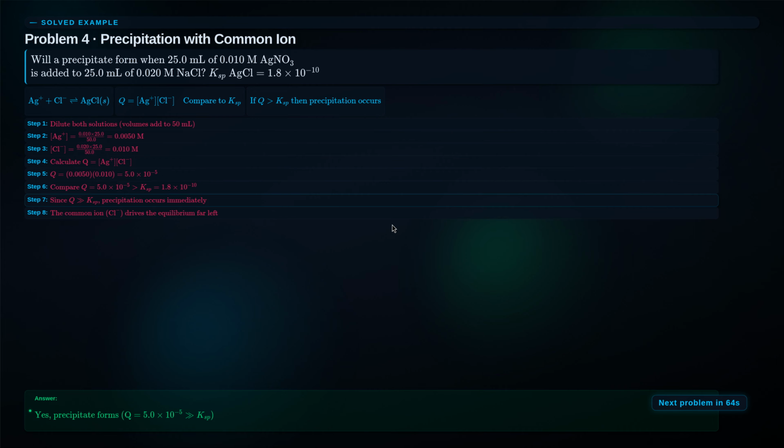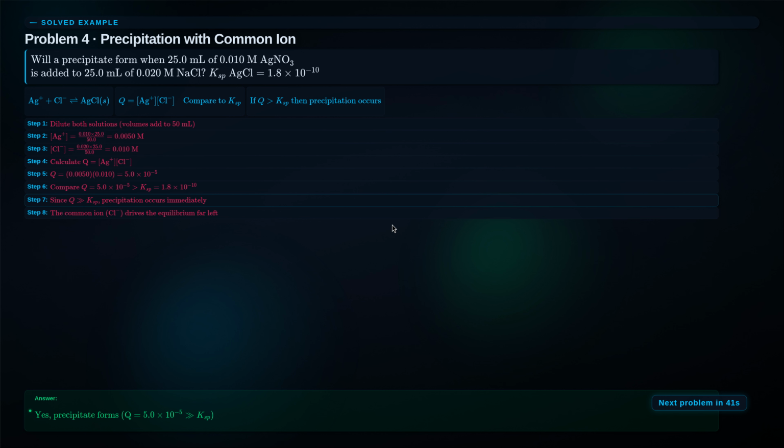Step 2. Calculate Q equals Ag+ times Cl-. Q equals 0.0050 times 0.010, which equals 5.0 times 10 to the negative 5. Step 3. Compare Q to Ksp.